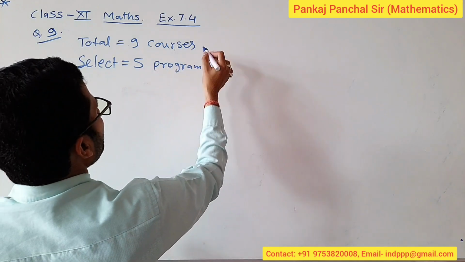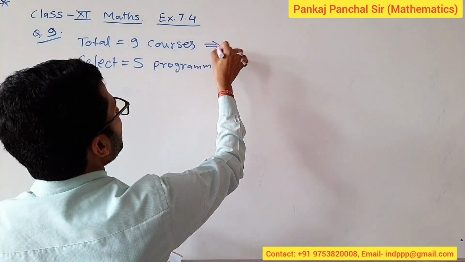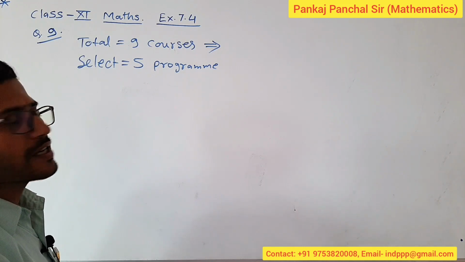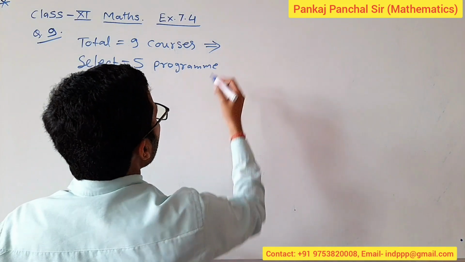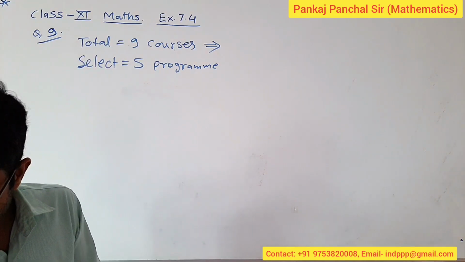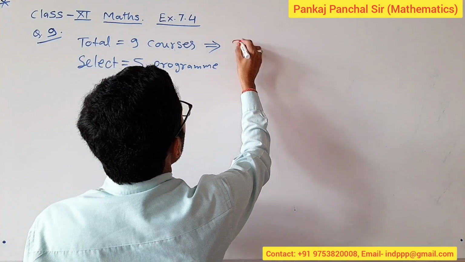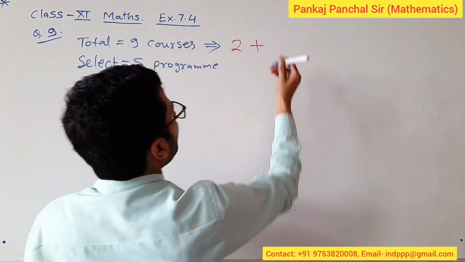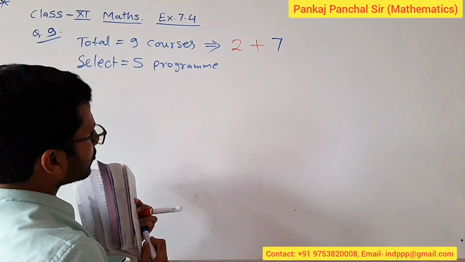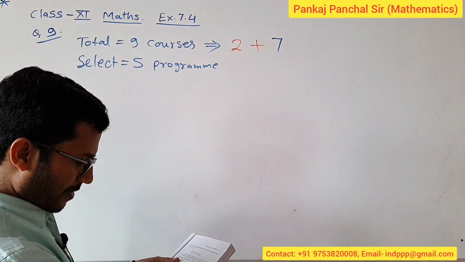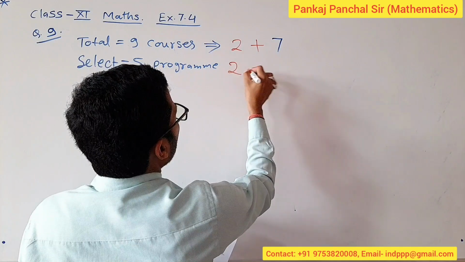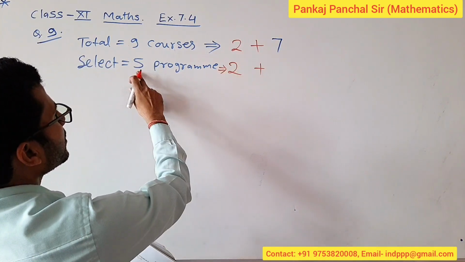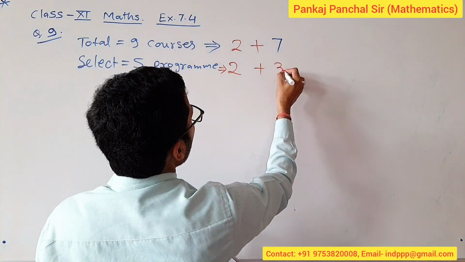Now such that, here total 9 are there, but 2 are specific, we have to select them compulsorily. So if 2 are specific, then the remaining are 7. And here also, out of the total 5, 2 are specific, so the remaining we have to select is 3.